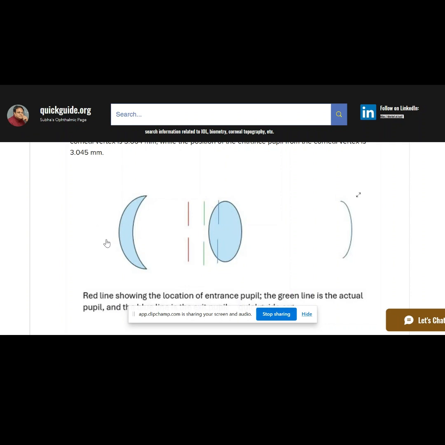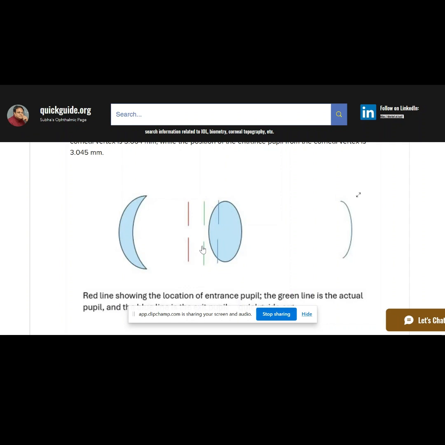The measurement is done with the effect of the corneal magnification, and as you know, the cornea behaves like a high powered magnification glass, a convex lens. So you're not getting the real measurement of the pupil size, but what we call the entrance pupil size. And what is an entrance pupil?